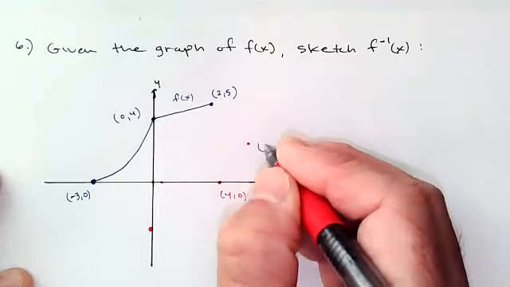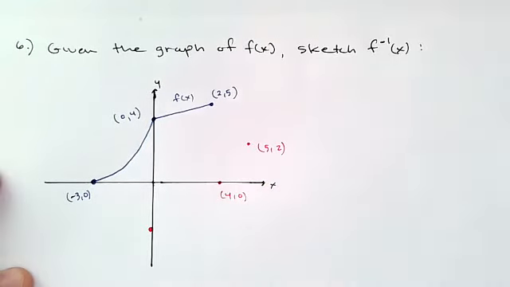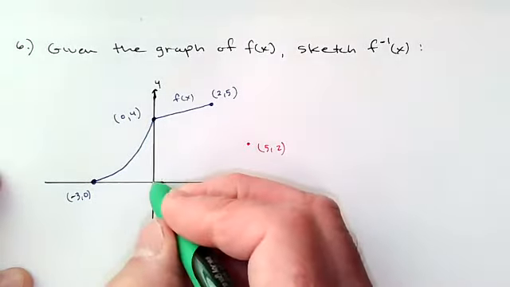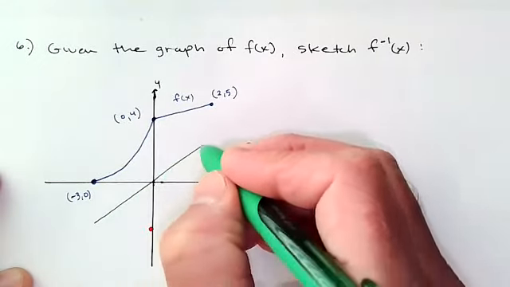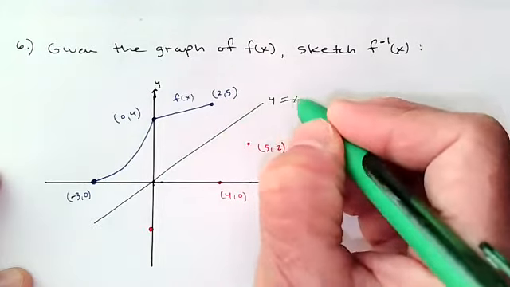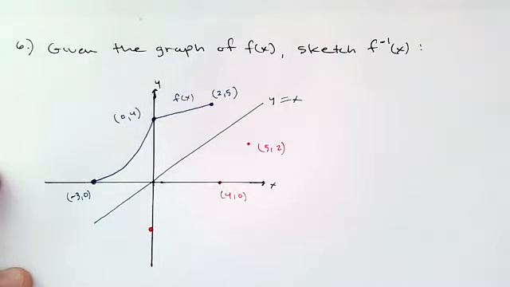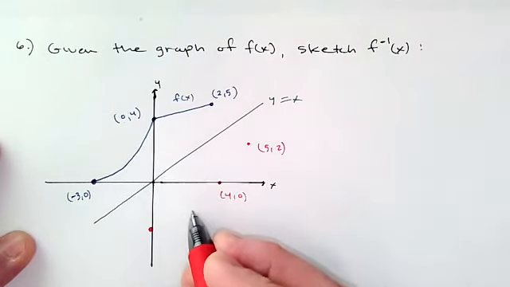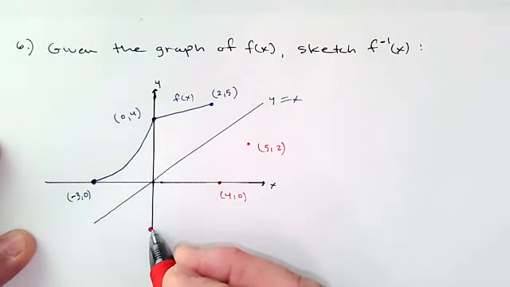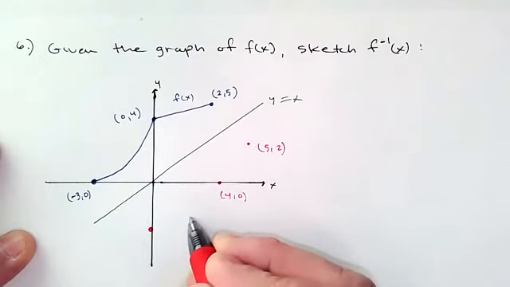Maybe something like that. And what might help too, we know it's going to be symmetrical about the line y equals x. So if you just imagine that line drawn through here. Because the other thing I'll be checking for is that the curvature looks right. If you folded this graph around the line y equals x, it's not going to look like this, right?